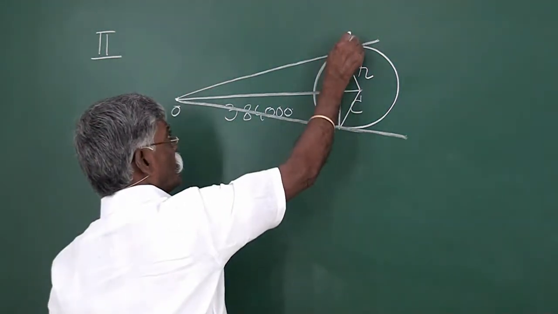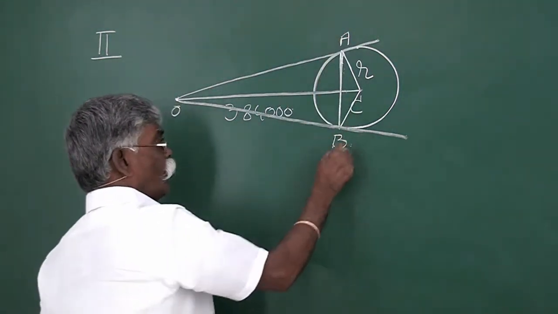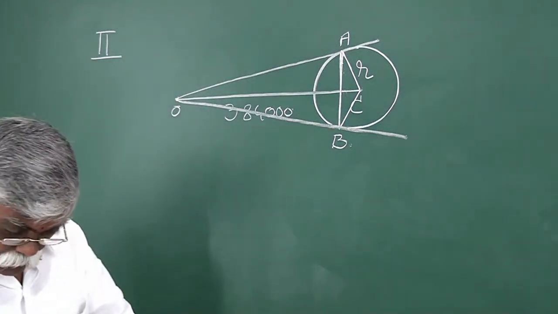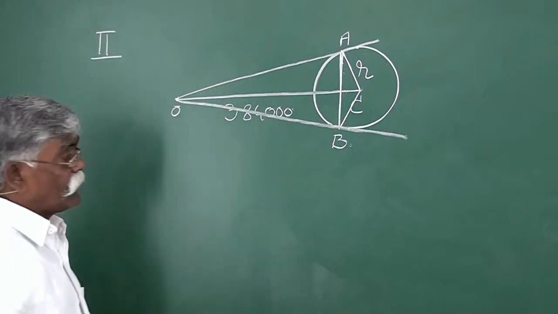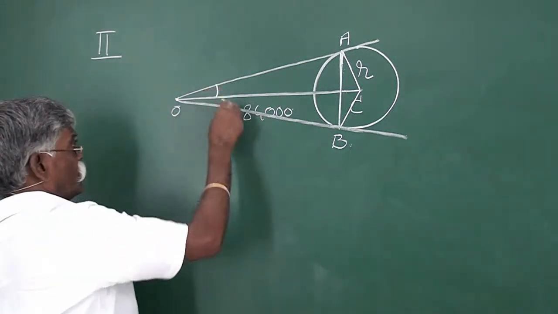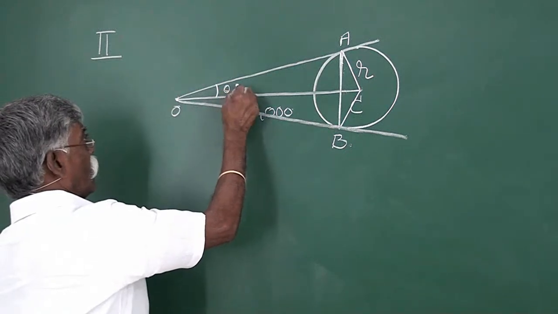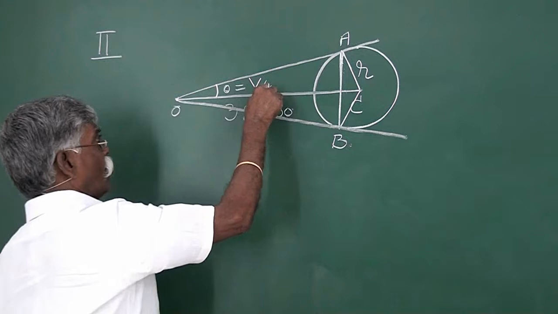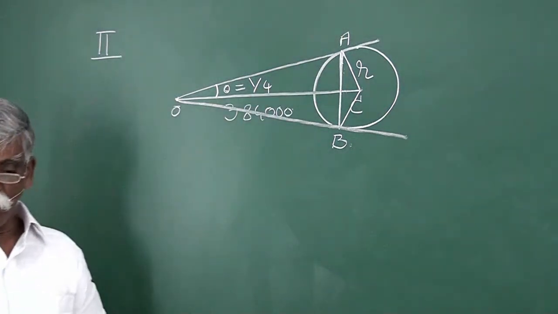Suppose I take this as A and this is B, OAB is the tangential cone, and the semi-vertical angle, that means this, if this is theta, is given as 1/4 of a degree.